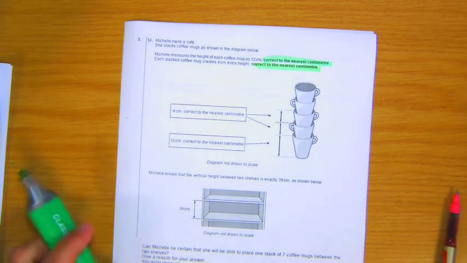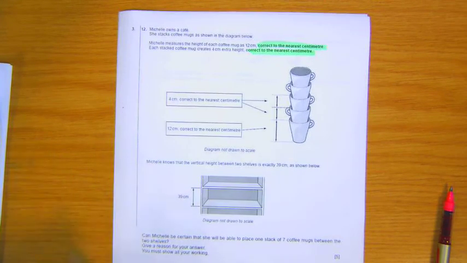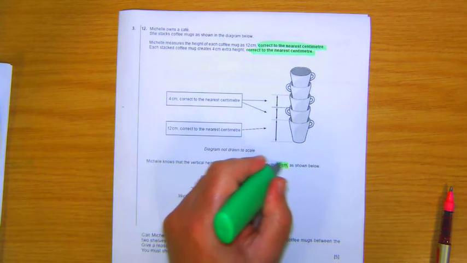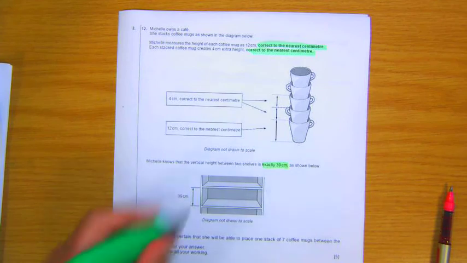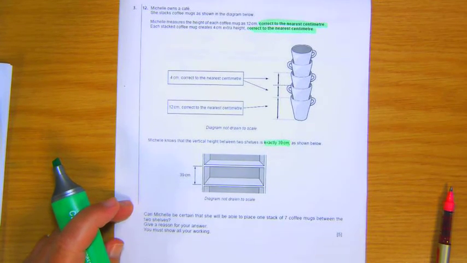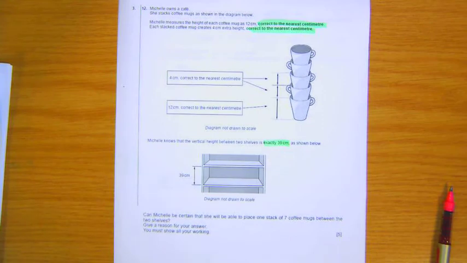Michelle knows that the vertical height between the two shelves is exactly 39 centimeters, so that hasn't been rounded, as shown below. Can Michelle be certain that she will be able to place one stack of 7 coffee mugs between the two shelves? Give a reason for your answer. You must show all your working.